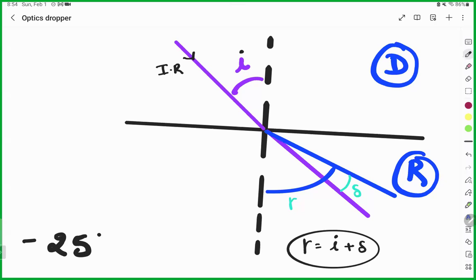But because it is moving from denser to rarer medium, light will move away from the normal. So it will deviate more away from the normal. This is the angle of refraction, which is very high, and this is the deviation from what it should be.